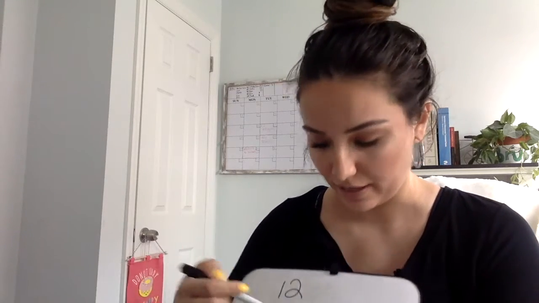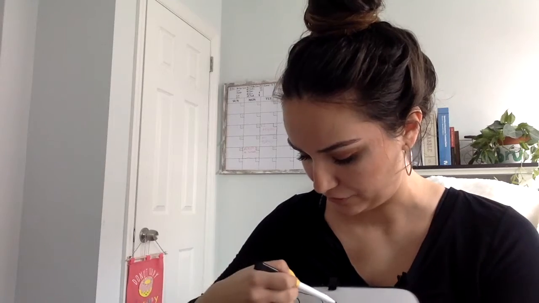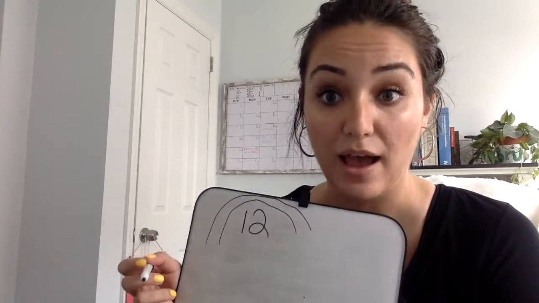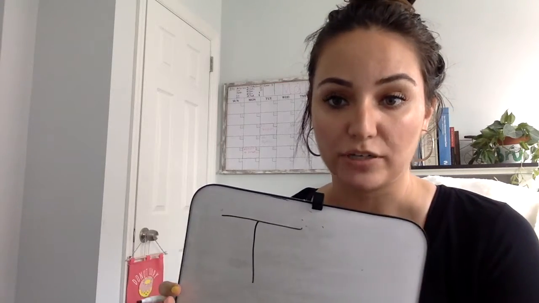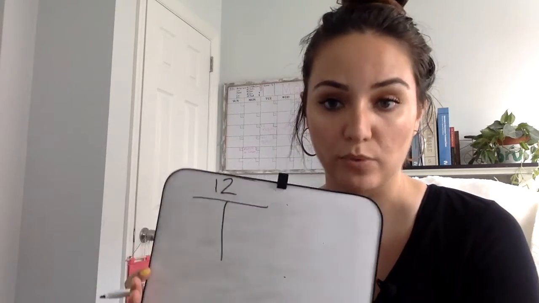We can do a factor rainbow, if you remember that, or we can do a T-chart, which I used to tell you was one of my favorites because it's very organized and it helps keep my numbers organized. So the number that we are finding the factors of goes on top, the number 12.